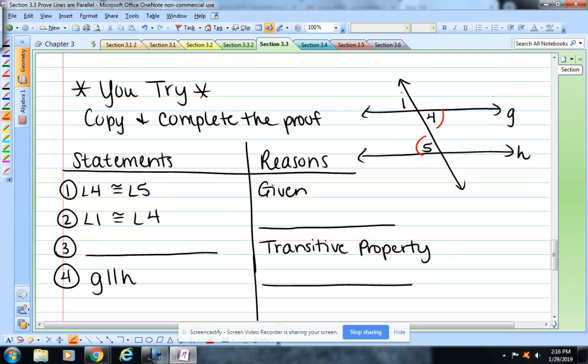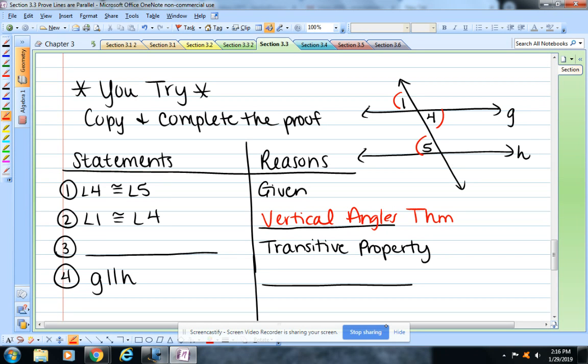They tell me that, so I can mark that with the same number of tick marks because all those are congruent, right? Now, what's 1 and 4's relationship? Vertical angles. That's a theorem from way back in chapter 2. Y'all with me? Those are vertical angles. Angles across from each other are vertical angles.